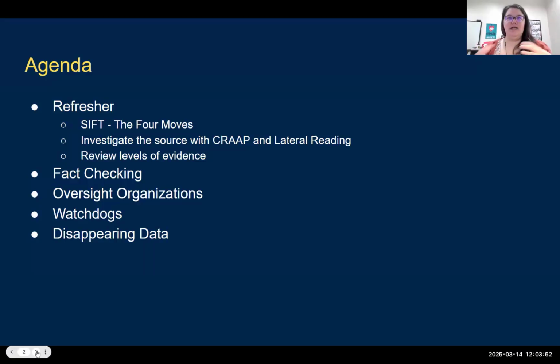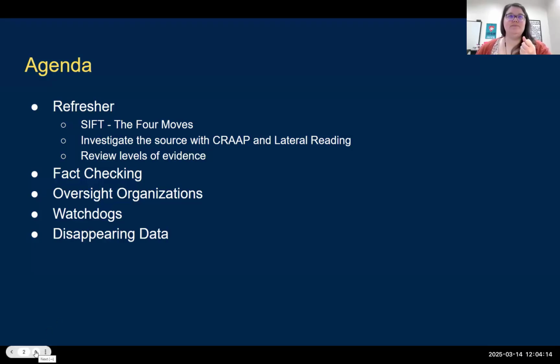And so talking about what that is versus some of the other commentary and news sources you might be seeing. And then I'll go through some different places to look at fact checking, what oversight organizations actually are, what watchdogs are, and then we're going to talk about disappearing data, because that is definitely a big issue going on right now in the federal government.